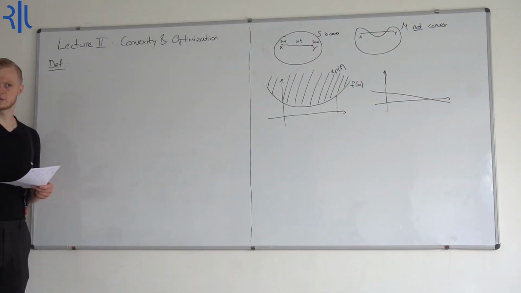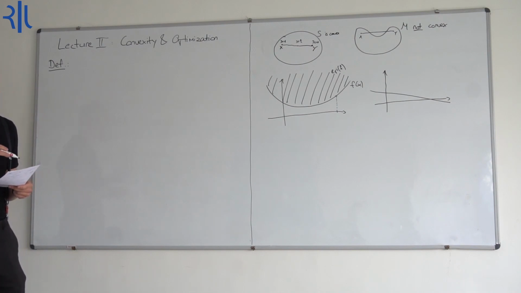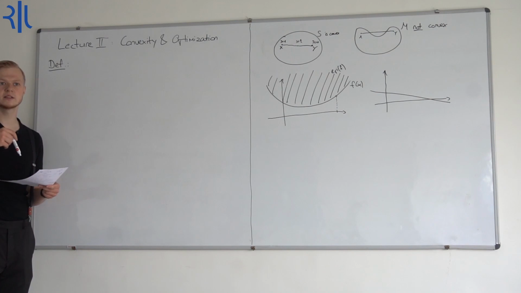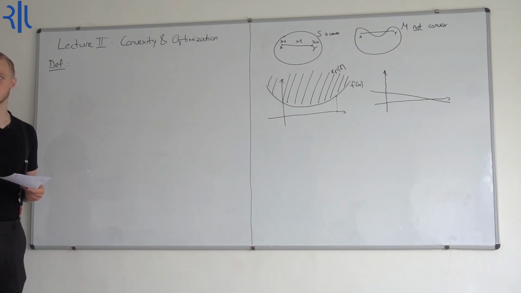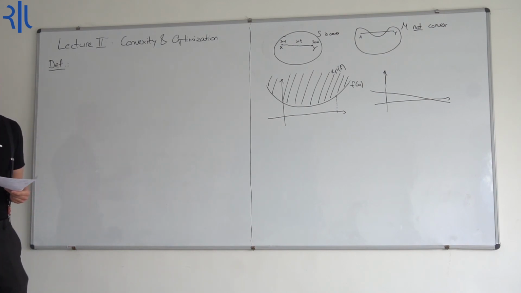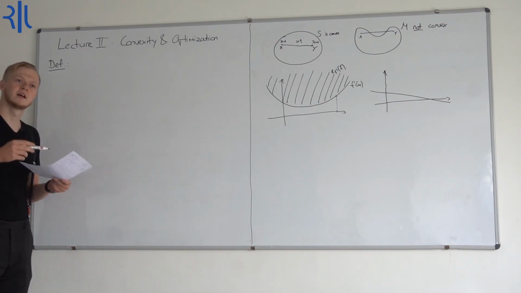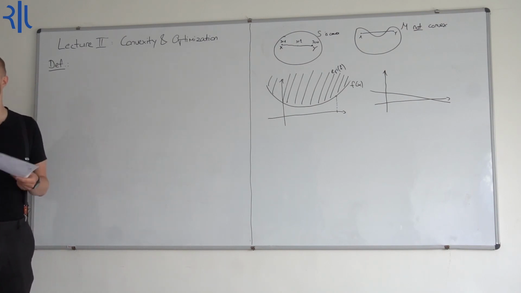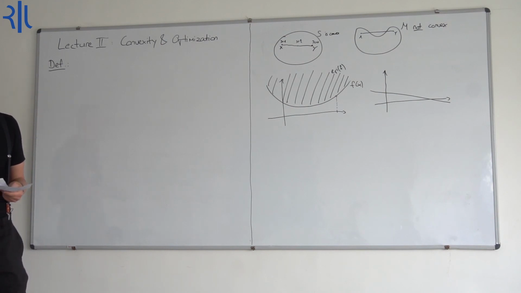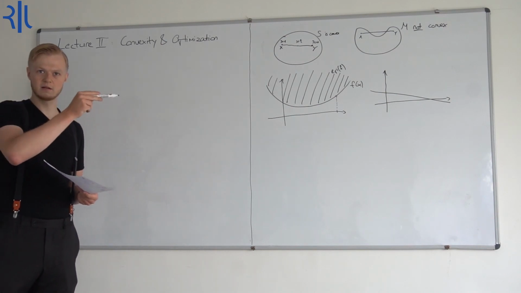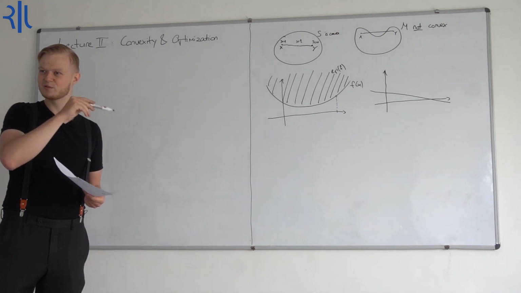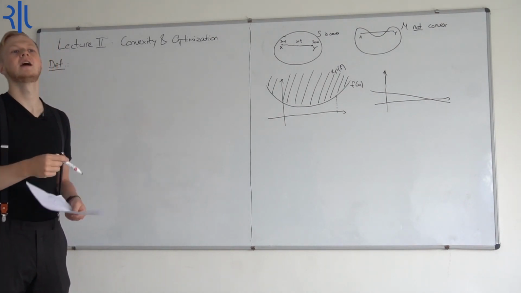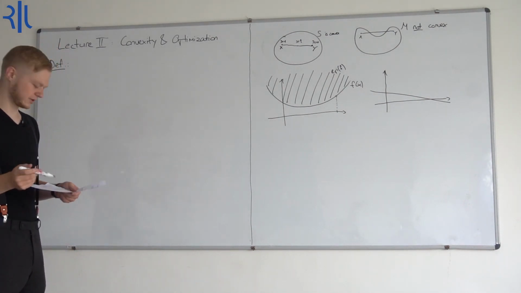Maximization is pretty much the same thing. However, usually we just have to switch the sign of the function. So if you want to minimize the function f of x, we can instead also maximize the function minus f of x. So in this sense, minimization and maximization are pretty much the same thing. However, to keep it easily writable so that I don't have to write it twice, we will just focus on minimization.